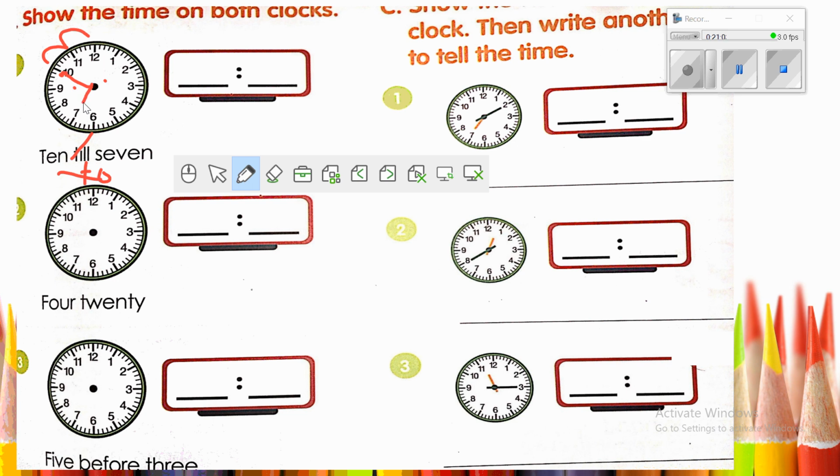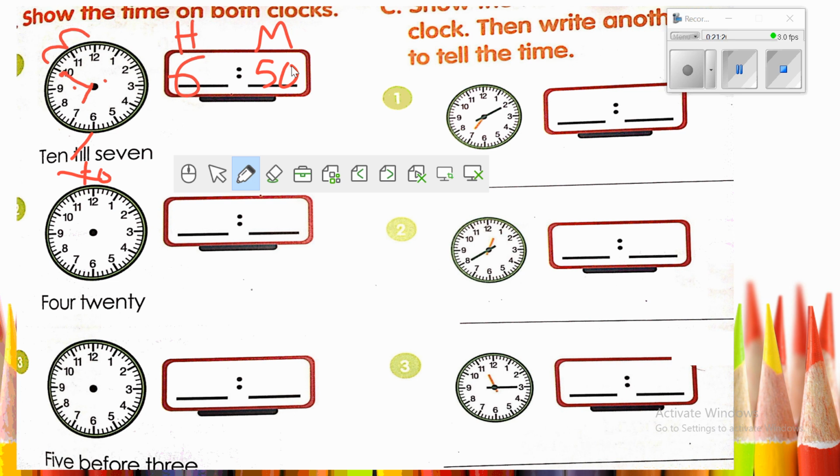So 10 to 7. Here is the hour, here is the minute. If I want to skip counting here, what is the hour? It's not 7, it's still 6. How many minutes for 10? Skip by 5. 5 times 10, 50 minutes.